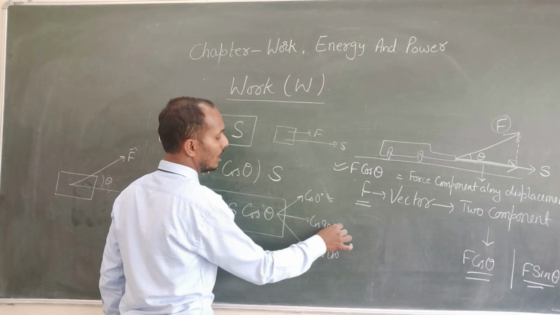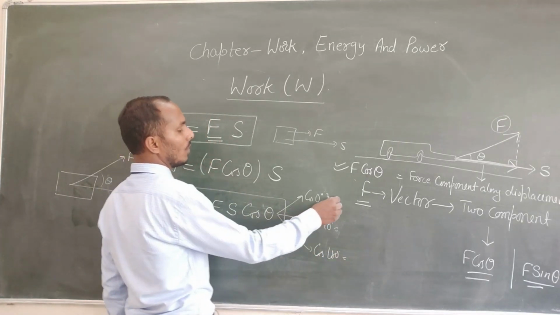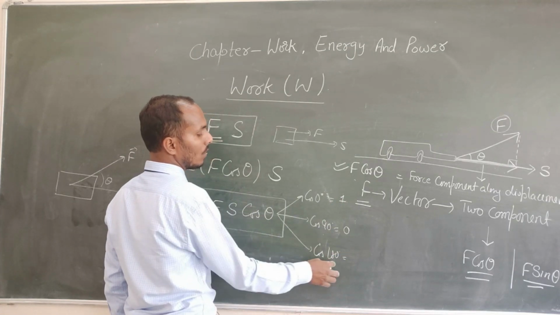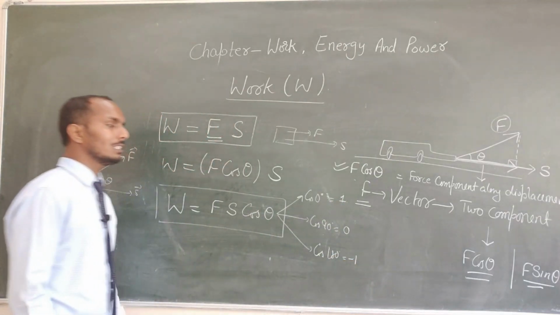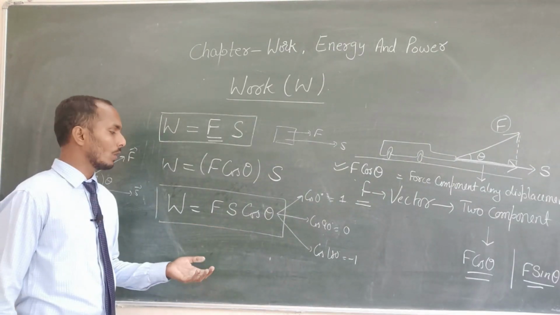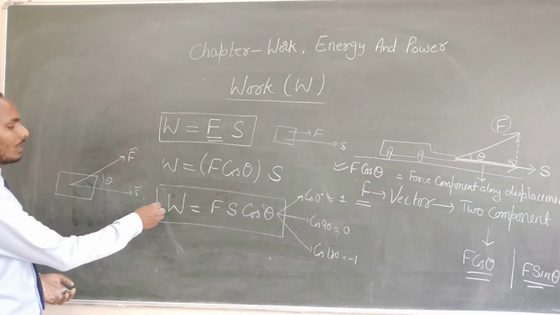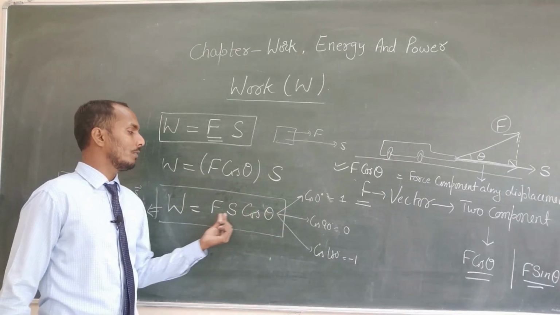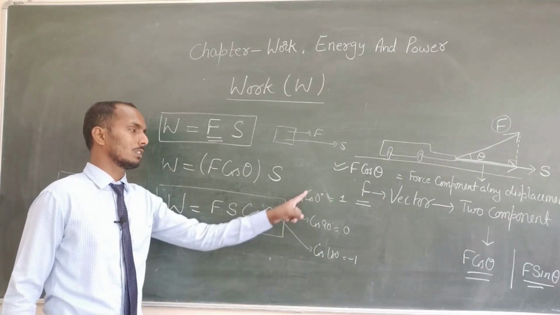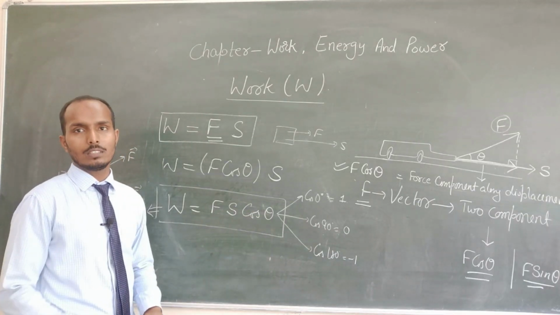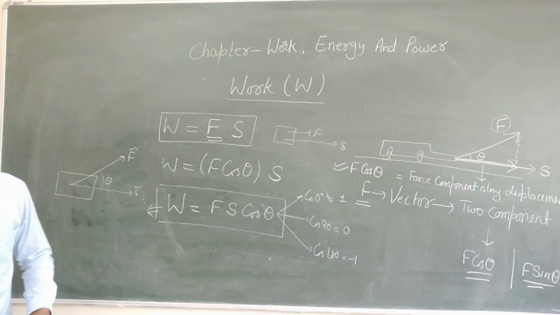Cos 0 degree is 1, cos 90 degree is 0, and cos 180 degree is minus 1. Work is equal to Fs cos theta, and if you remember these values, then it becomes very easy for you.